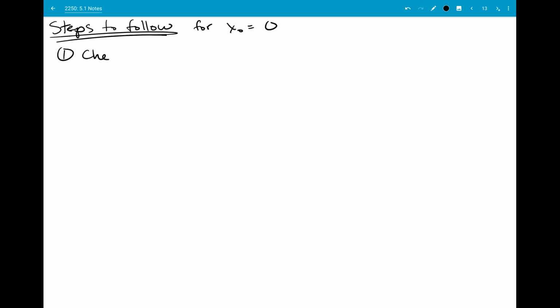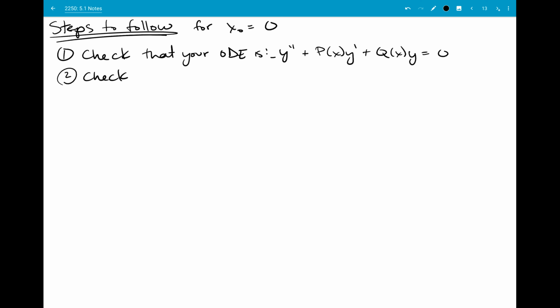So step 1. Check that your ODE is y double prime with nothing in front of it, plus p of x y prime plus q of x y equal to 0. The reason that matters is because you check that the p and q evaluated at the ordinary point, so for us that's p of 0 and q of 0, are analytic. We're just going to say are not a problem.